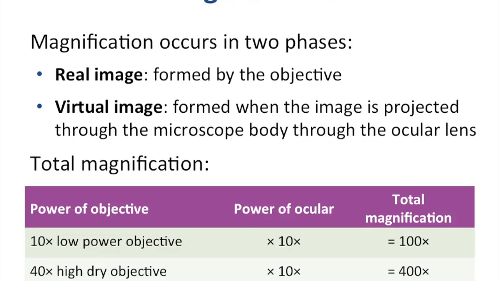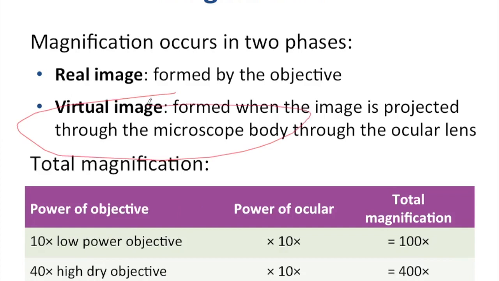Since the microscope can magnify the samples, the objective lens provides the real image, and the ocular lens provides the virtual image. The virtual image actually gives us magnification.